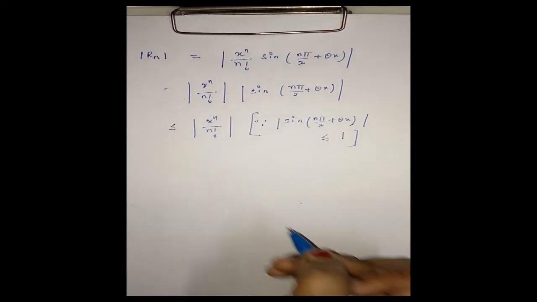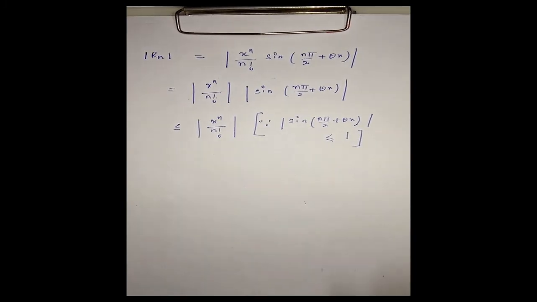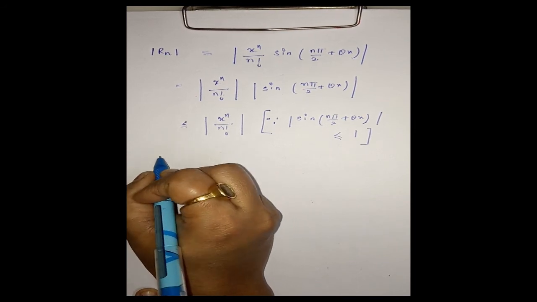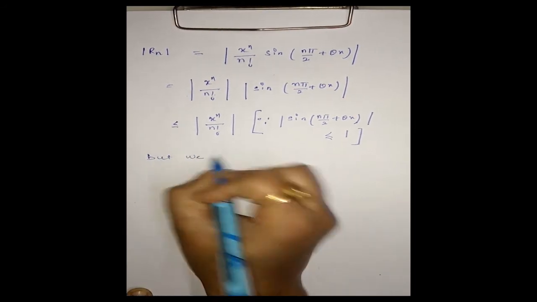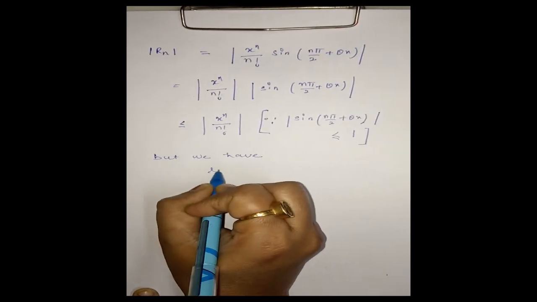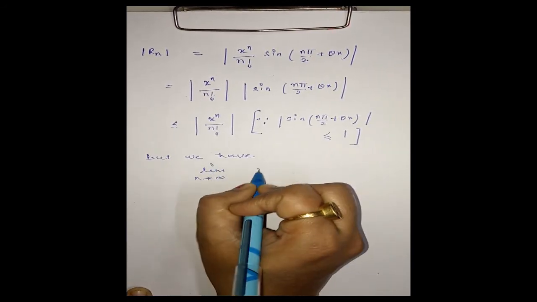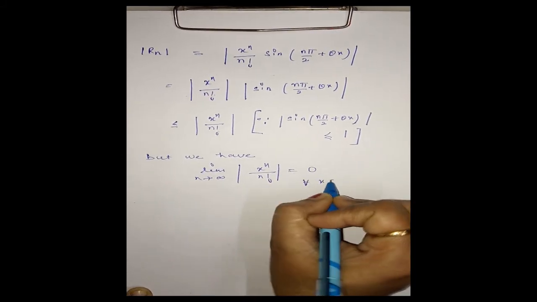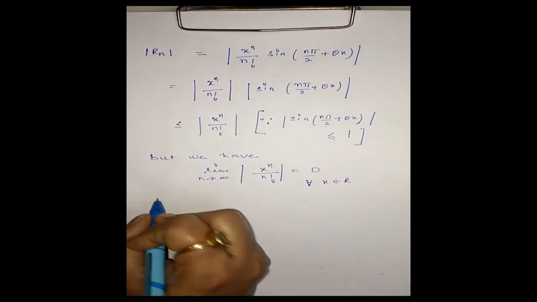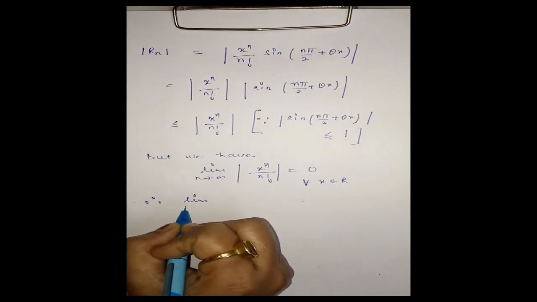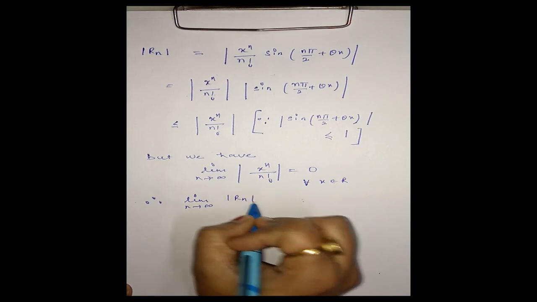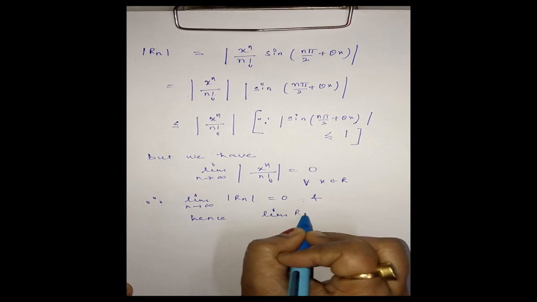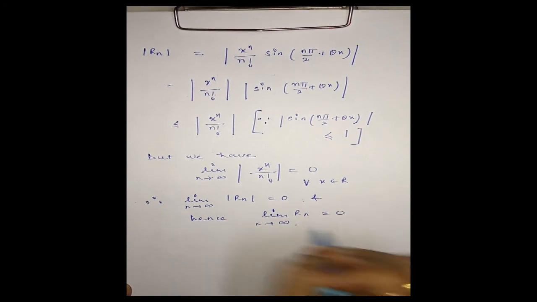Okay. Now from the previous expansion of exponential x, we know limit n tending to infinity x^n by n factorial is equal to 0 for every x belonging to R. Therefore, limit n tending to infinity mod R_n is 0, and hence limit R_n is equal to 0 as n tends to infinity.